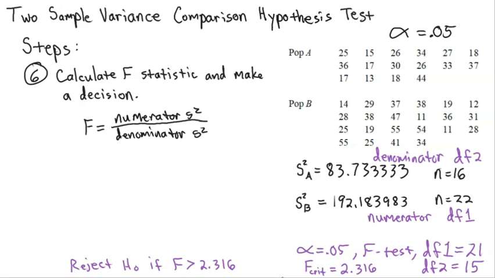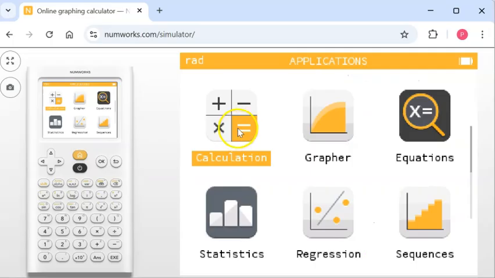Okay. All right. So here, if we're going to calculate our F, it's going to be F is equal to the numerator S squared, which is 192.183983, divided by the denominator, which is 83.73333. Okay, and now we're going to switch over to a calculator. All right, so here's the NumWorks calculator.